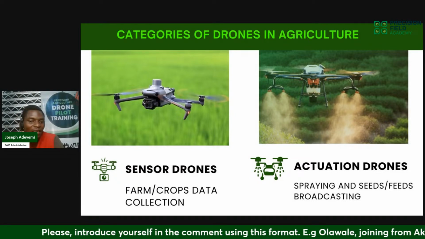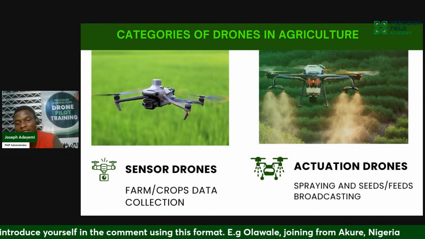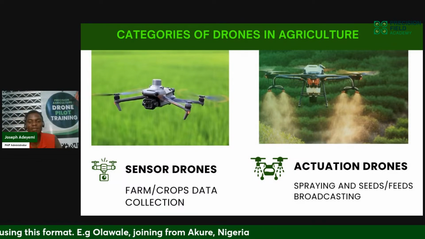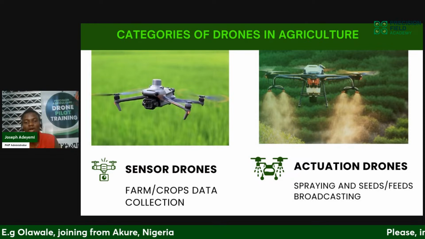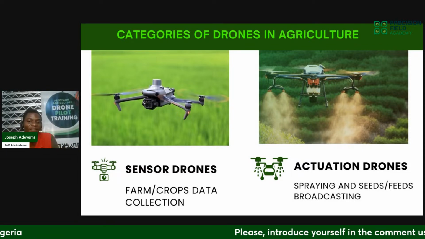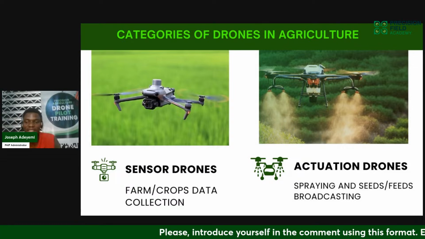So they are called imaging sensors or cameras. They are most applicable in farm data collection, crop data collection, and farm inspection, because they have this camera to take visual data.